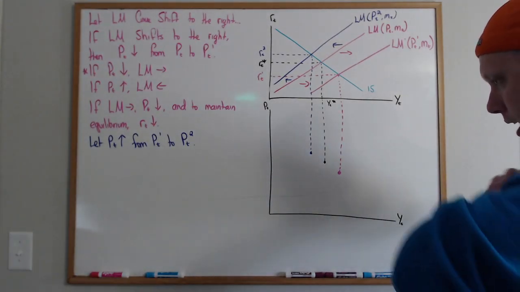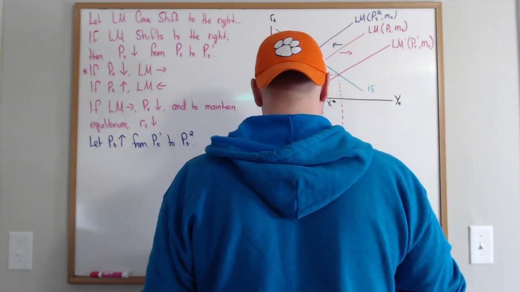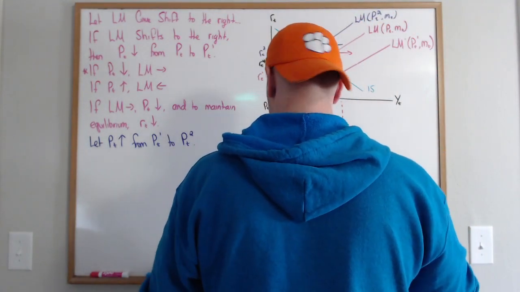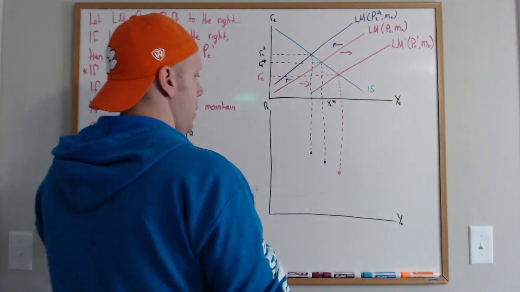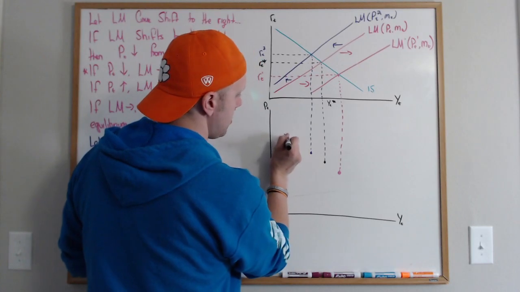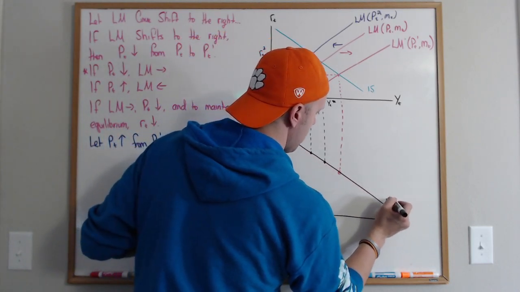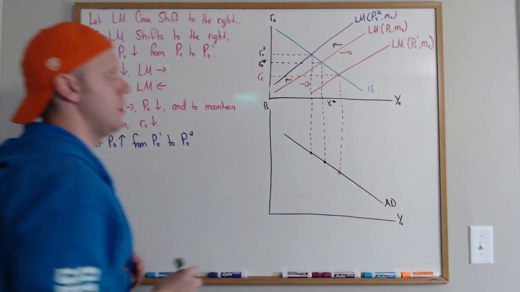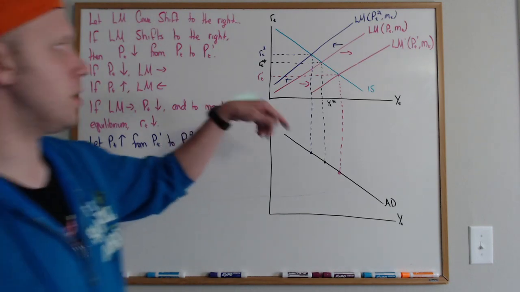Therefore, if the interest rate goes up, what we're going to be seeing is this nice downward sloping aggregate demand curve, AD. Why is it downward sloping, for tracing this stuff out?